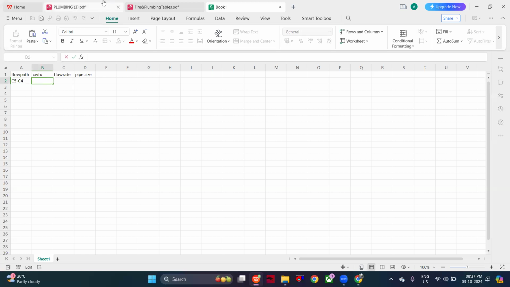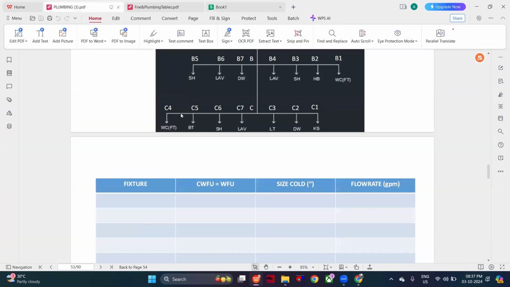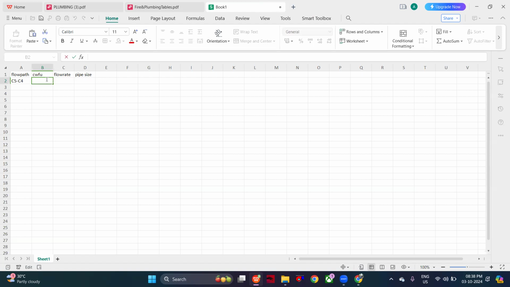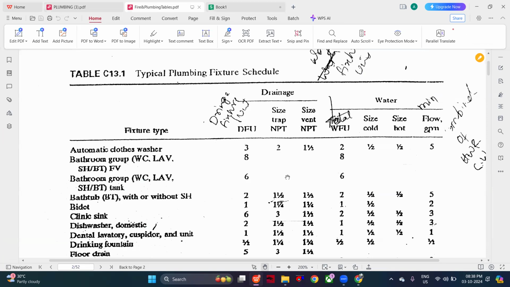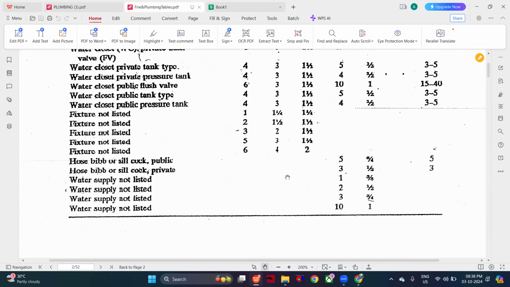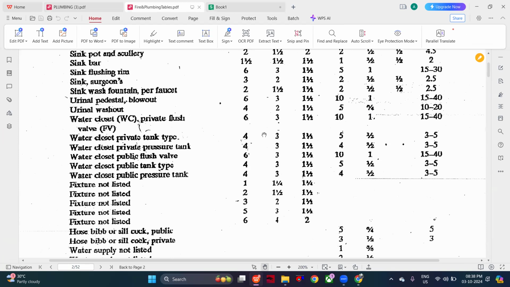And the CWFU, that means the pipe is only carrying water for the water closet. No other fixtures, it is not carrying water for any other fixtures. Only carrying for water closet flush tank type. And the CWFU for a water closet is here. Water closet CWFU is 5.